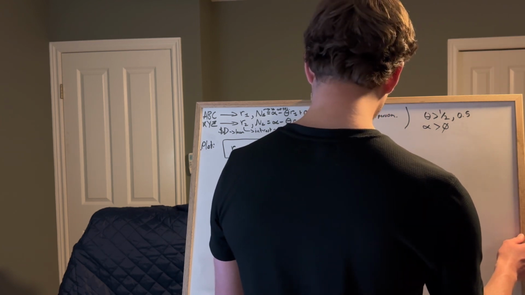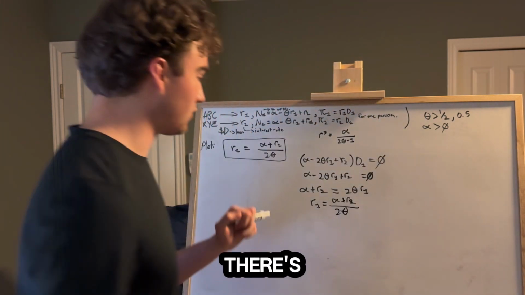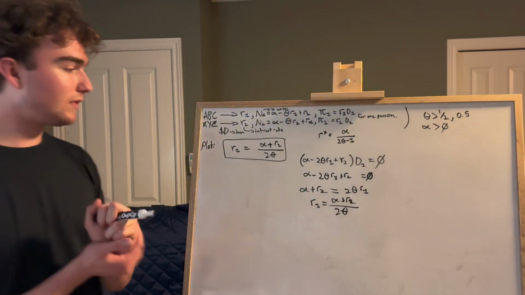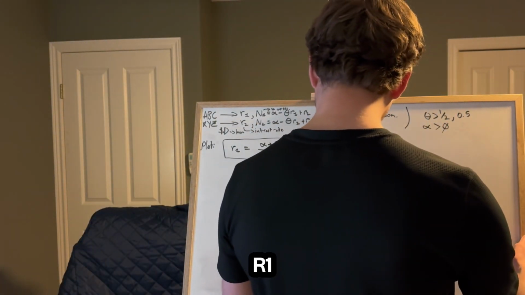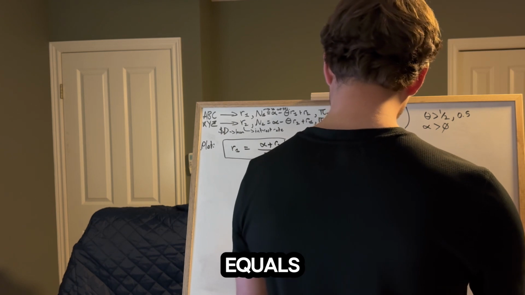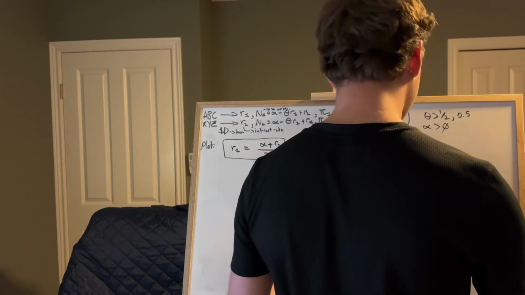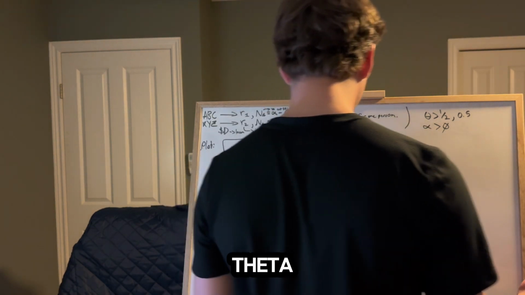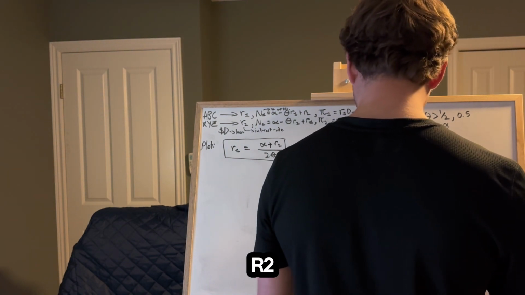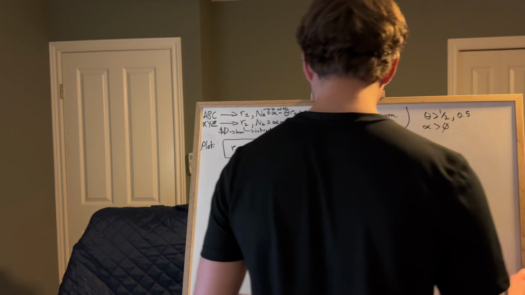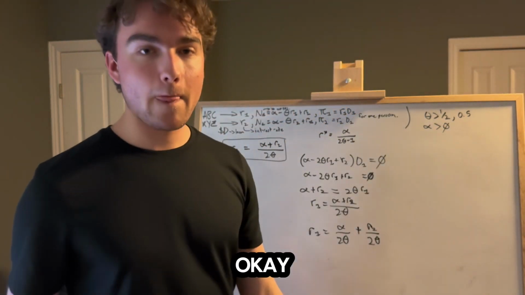So there's a great way of doing this. To make plotting easier, you can separate some terms, okay? So R1 equals alpha over 2 theta, plus R2 over 2 theta, okay?